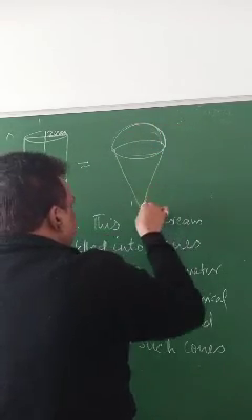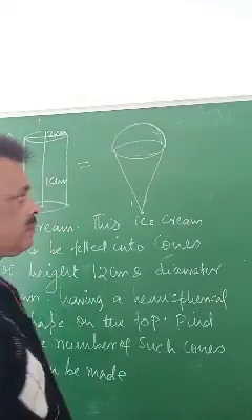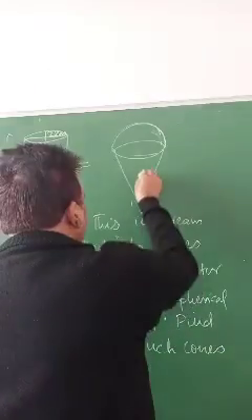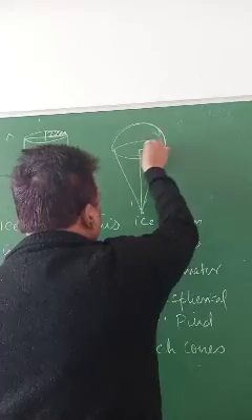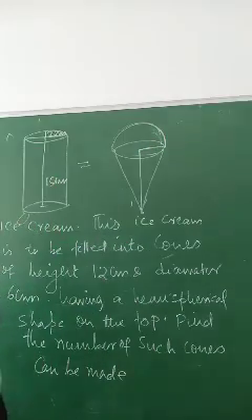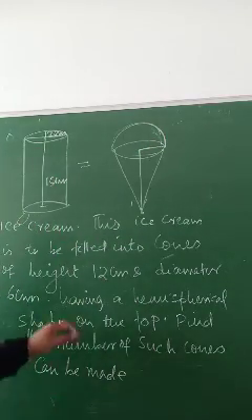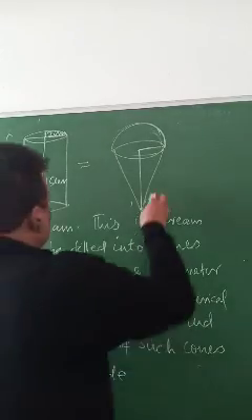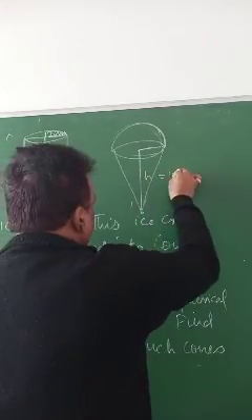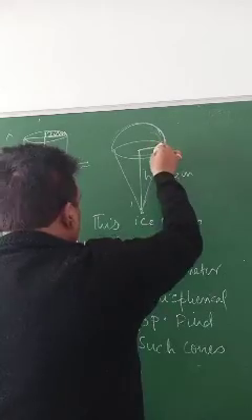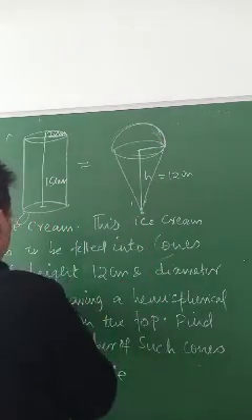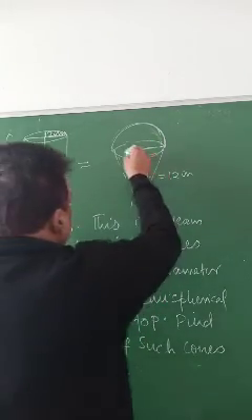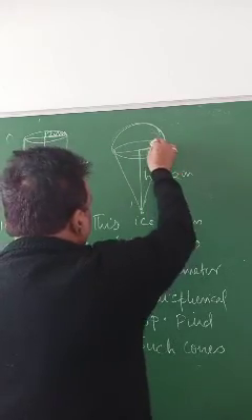This is the ice cream. Then each one, its radius. Okay, the height is how much? 12. This h equals to 12. The diameter is 6. This diameter is 6.